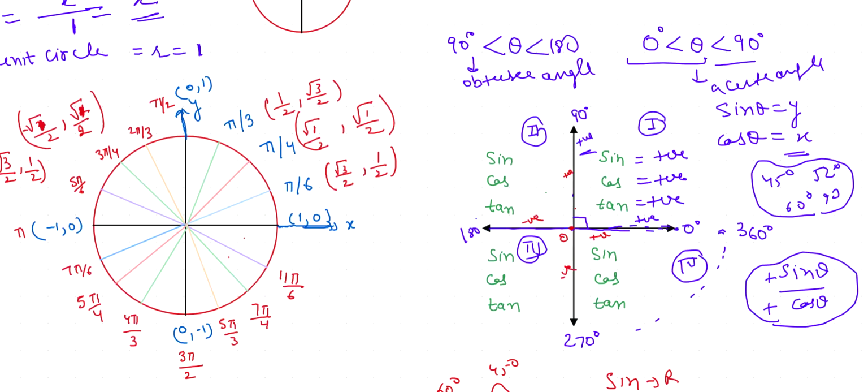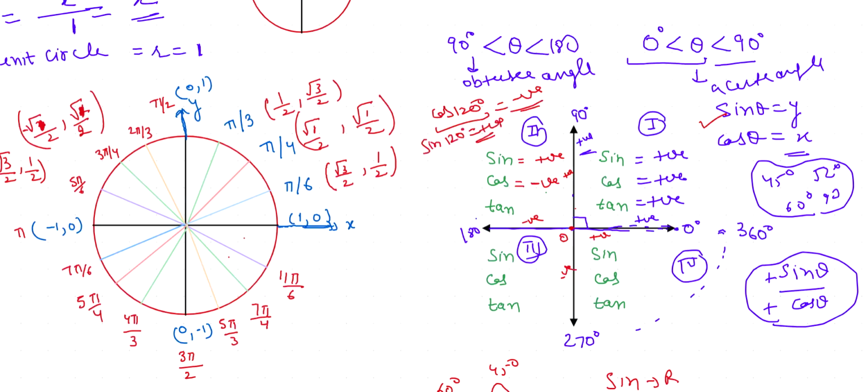Okay, but y represents sine theta. So here your sine theta is positive. And cos theta, as the x-axis is negative, any value of cos theta will be negative. Means if you have to find the value for cos 120, you will get this value in the negative. If you have to calculate the value for sine 120, then it will be positive.